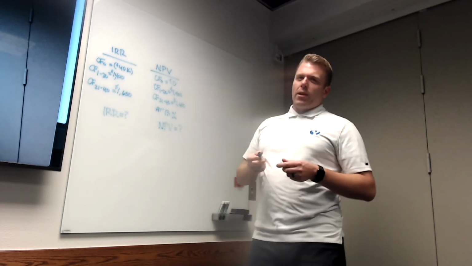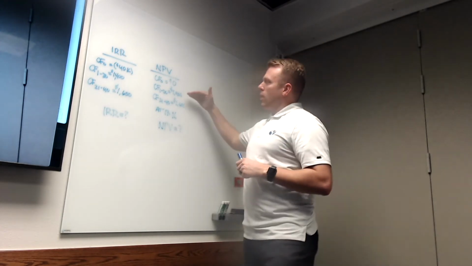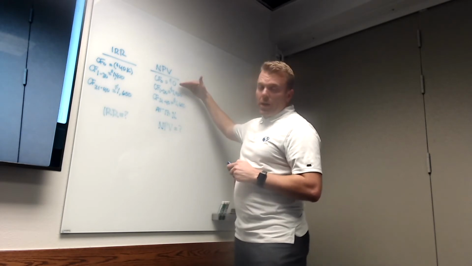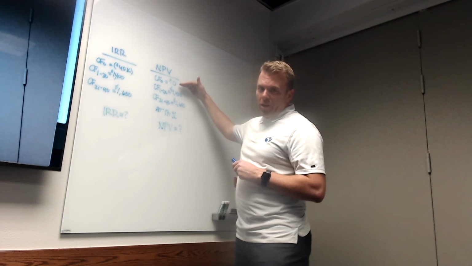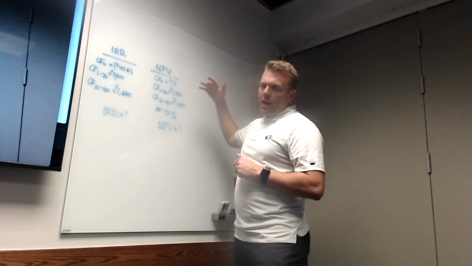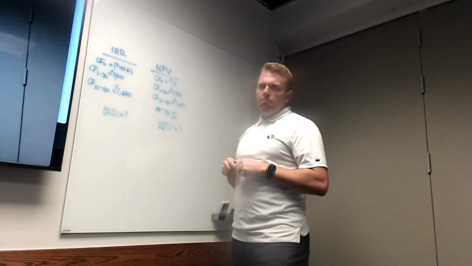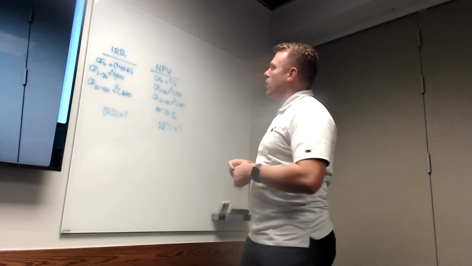Now, you're probably thinking, why? Well, remember, net present value is discounting all the cash flows back to the present value. And if we have a $40,000 in there, then it gives us that negative 7, which, if you know what that means, you can back into the correct answer.